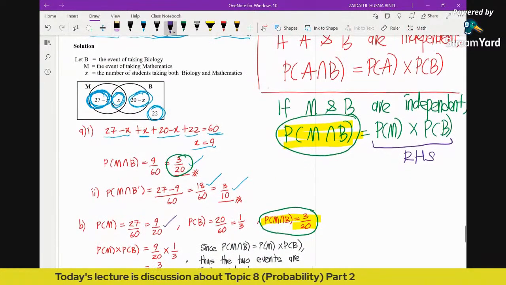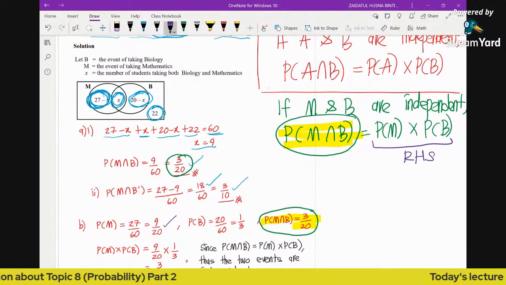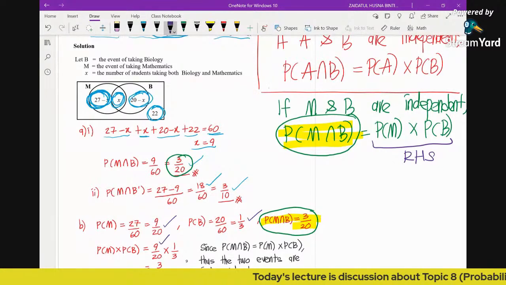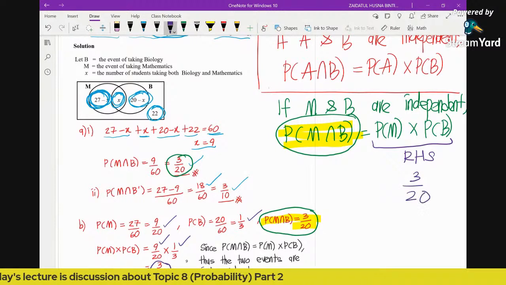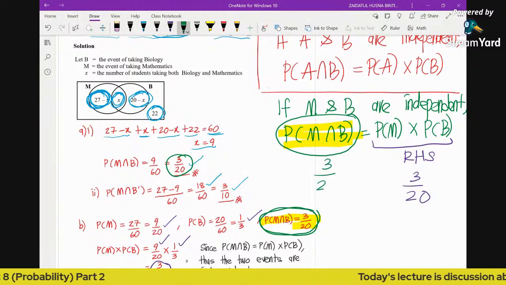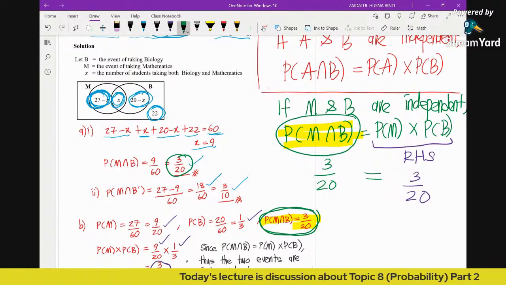And then probability of B, there are 20 taking biology, so 20 over 60 is 1 over 3. So we multiply 9 over 20 and 1 over 3, and we will obtain 3 over 20. So this is 3 over 20 on the right hand side, and you see here also on the left hand side, this is also 3 over 20. So you can see in terms of values, they are equal.